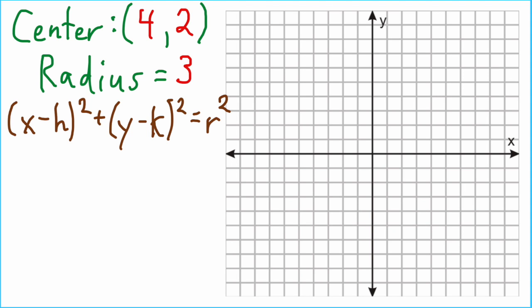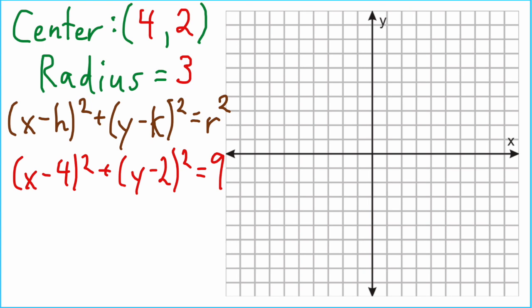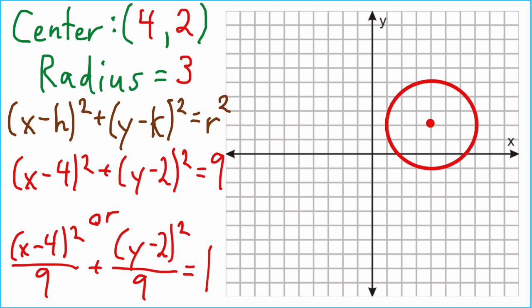I just plug in the 4 and the 2 for the h and the k, and I get (x minus 4) squared plus (y minus 2) squared equals 3 squared, so my radius part will equal 9. If we graph it, we'd put a point at our center of (4, 2), and there's our circle with a radius of 3. Or you can always use the more advanced version, which will help you later in math, of (x minus 4) squared over 9 plus (y minus 2) squared over 9 equals 1.